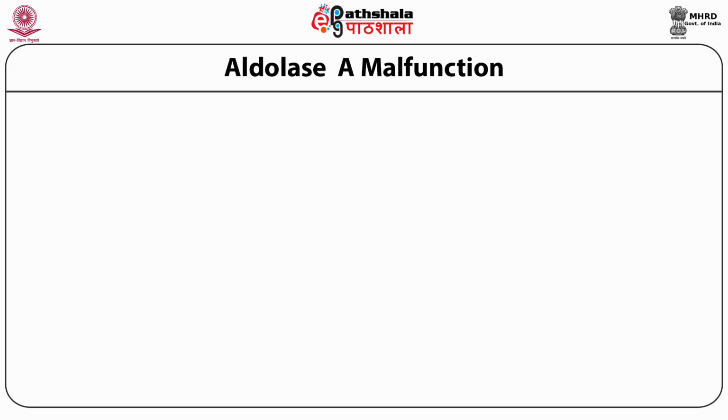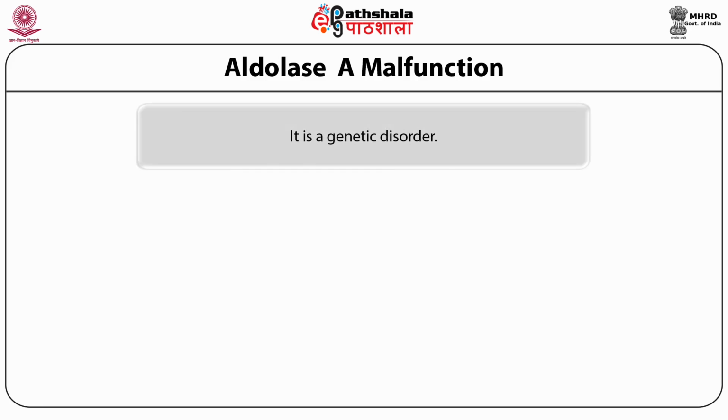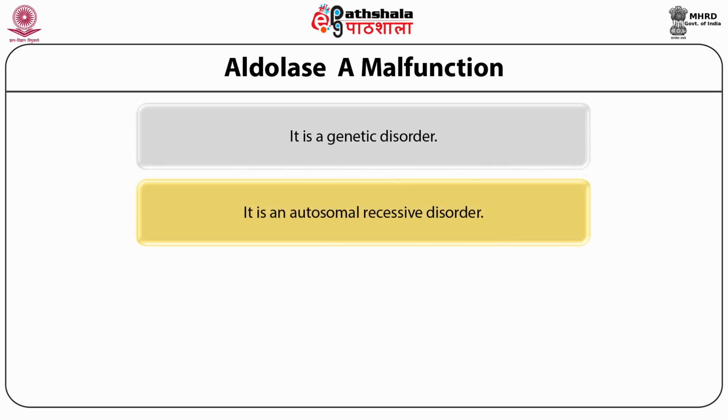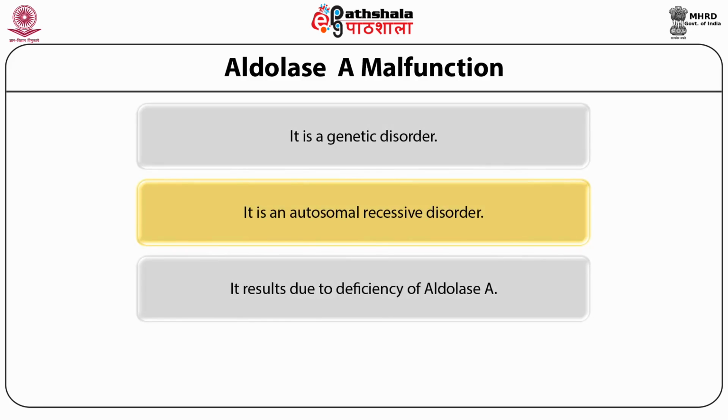Aldolase malfunction. Aldolase A malfunction is a genetic disorder. It is an autosomal recessive disorder. It results due to deficiency of aldolase A enzyme. It is caused by a homozygous mutation in the ALDO-A gene.